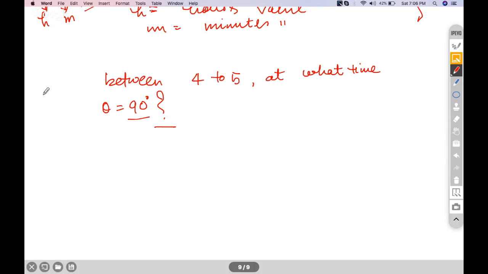Can you please tell me what would be the value of H here? Look here at how to solve this kind of question. You guys are not doing it properly.